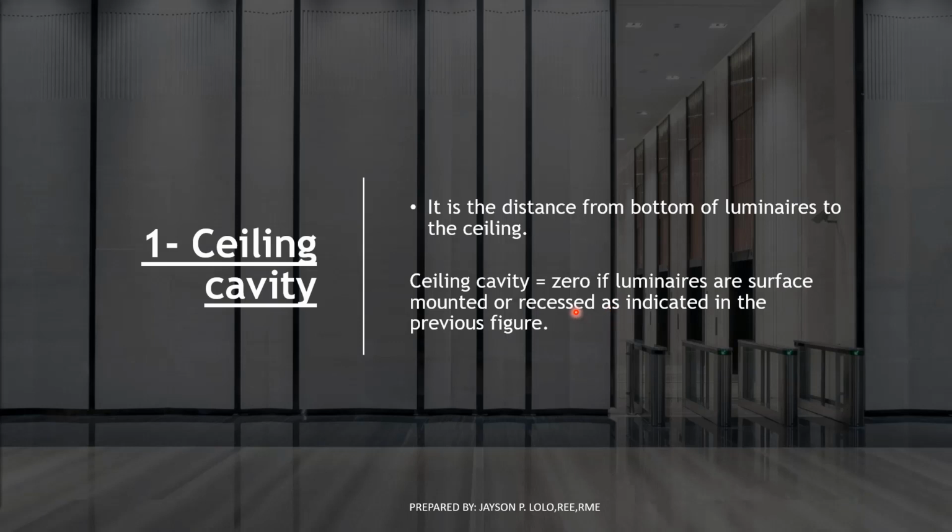It will not be 0 if you are using a light, just like in a gym or an open space with no ceiling or secondary ceiling. But here, commonly in buildings or any offices or establishments, we are using surface mounted or recessed. So your ceiling cavity is automatic 0.